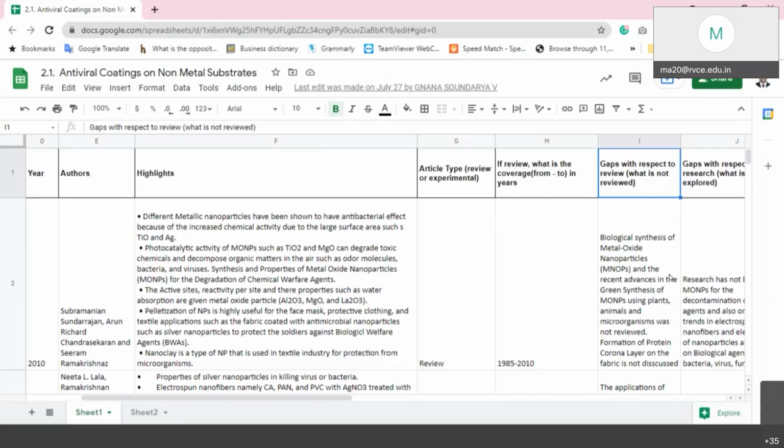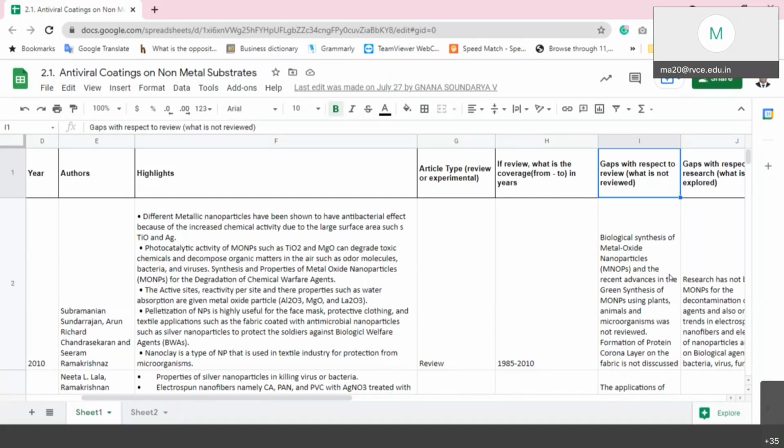Gaps with respect to review means, say the research started in 1970, now it is 2020, so there are around 50 years. For the past 50 years, the work is going on, so there's plenty of information available.